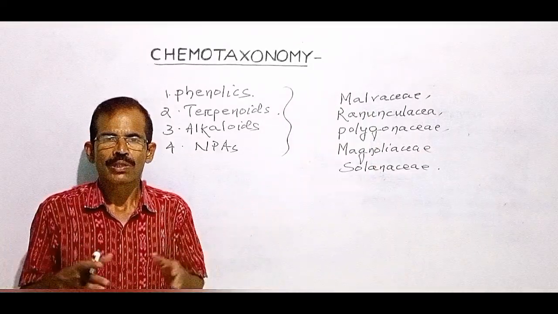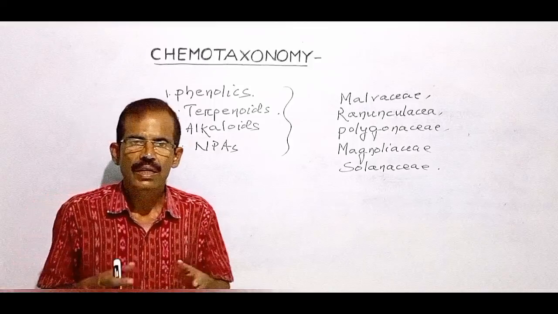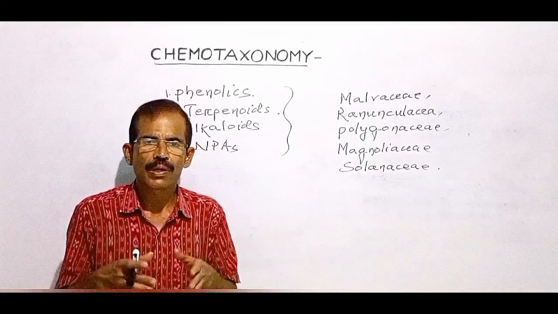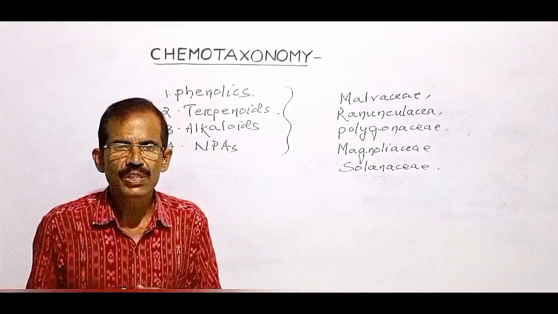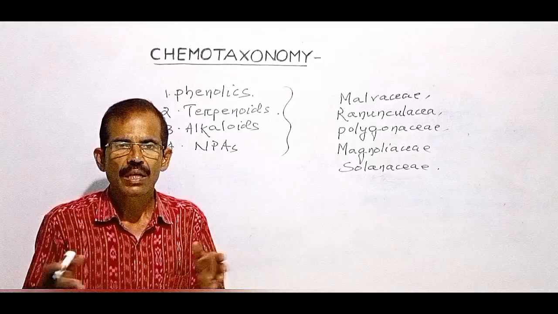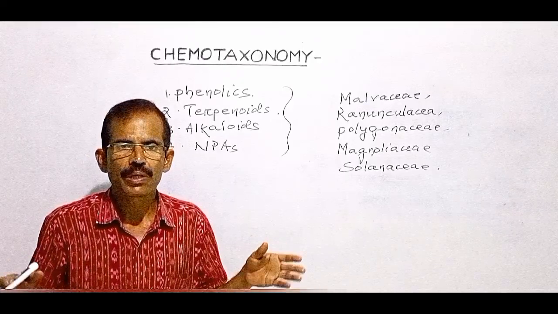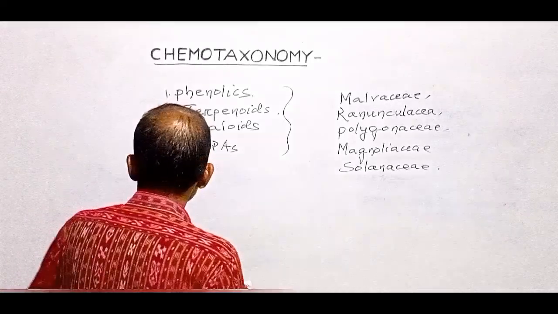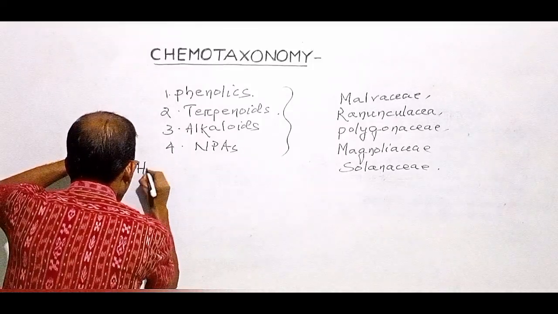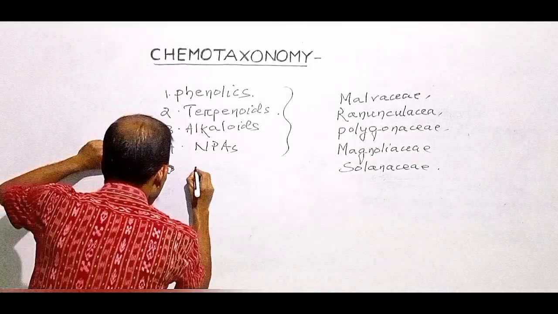Chemotaxonomy is based on the principle that the chemical composition of an organism varies between species, thereby offering unique taxonomic characters. Now the question is how chemotaxonomy works.